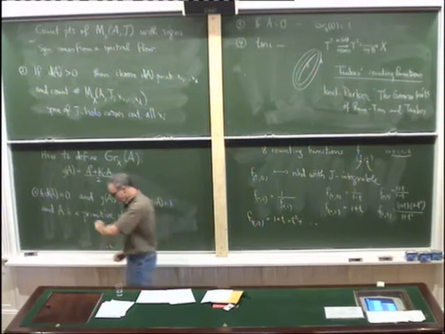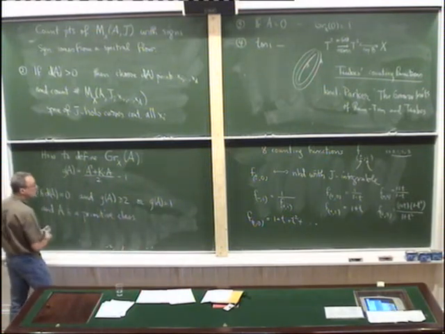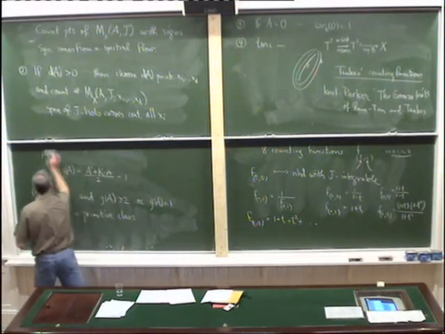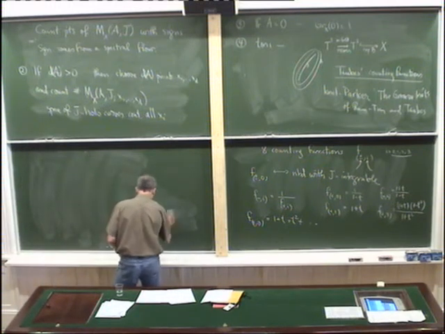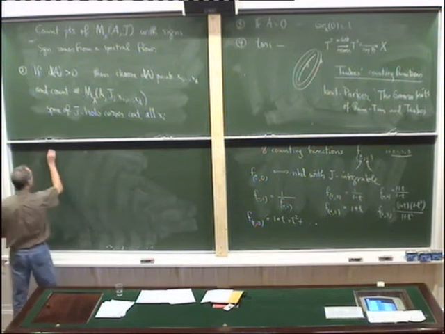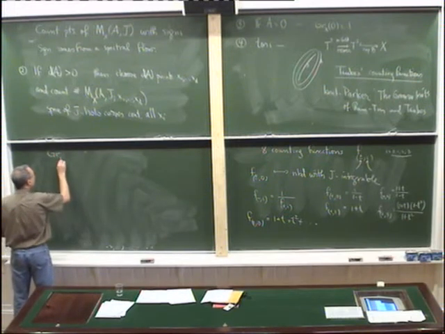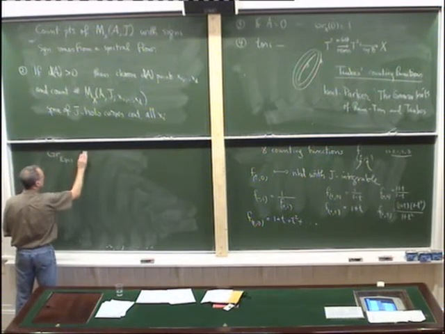Okay, so let's use this to calculate the Gromov invariant of En, with a little cheat.